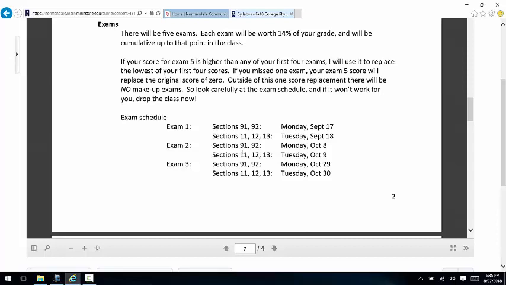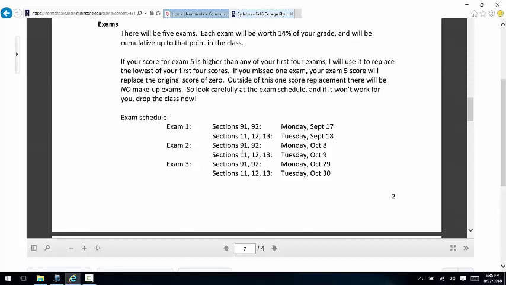And then on your final, you get like an 85. Then I'll take the 85 from your final and replace the 60. So your final exam score is going to be 85. That's what you got on the final. But I'm also going to replace the 60 with the 85. So it's a way for, if you have one exam that goes badly, it doesn't have to affect your grade at all. You do well on the final, you can replace that.